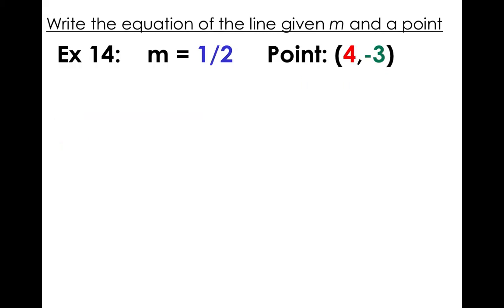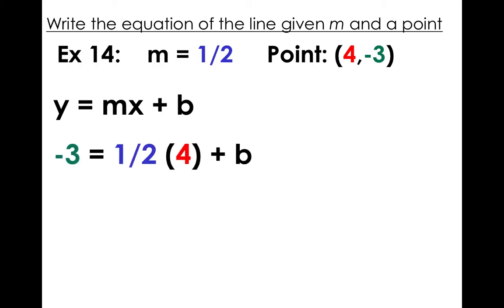Same example right here. Process tells me write down y equals mx plus b. Plug in everything that I'm given. Remember, this represents my x and this represents my y. I plug it in.